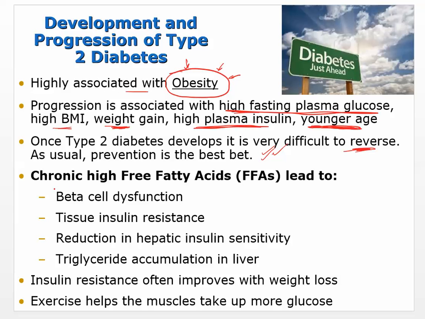Okay. So also associated with the progression are chronic high free fatty acids.